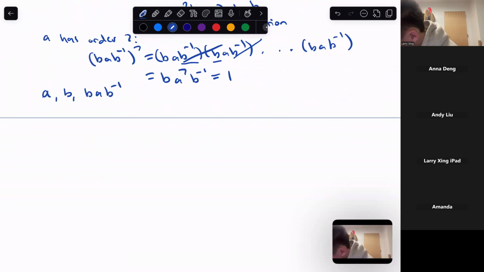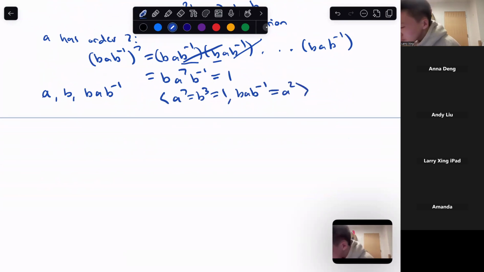So we would say that it's generated with A^7 equals B^3 equals 1, and the definition of the conjugation, like A squared, for example.